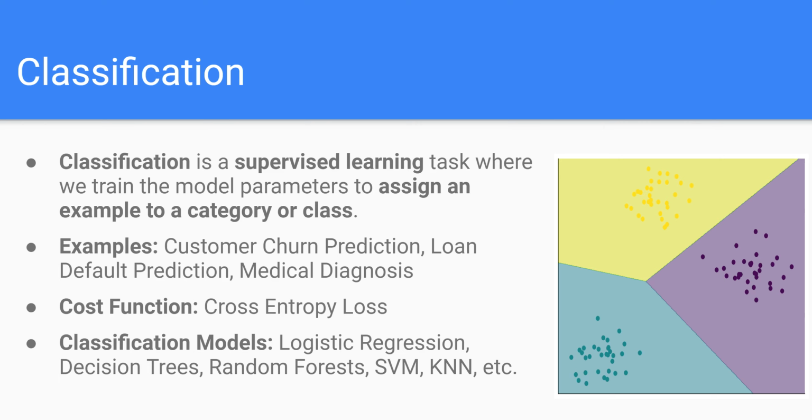And loan default prediction is also another example of binary classification where you have some details about a particular potential borrower and their financial information, and you're trying to predict whether they will default on a loan that they're given or they won't default. So there's only two options there, two classes, and that's binary classification, and you can train a model to do that.